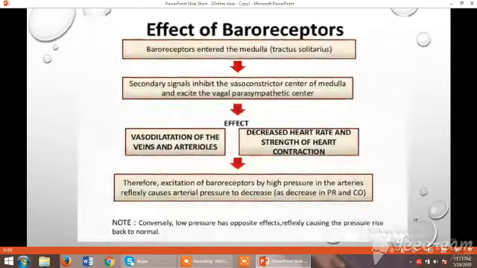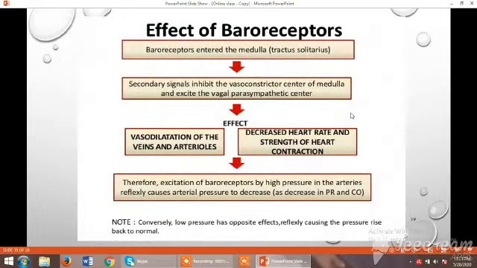Now let us see how it acts. Whenever pressure is high, the baroreceptor signals enter the medulla, the tractus solitarius. Signals inhibit the vasoconstrictor centers of the medulla and excite the vagal center. What happens?